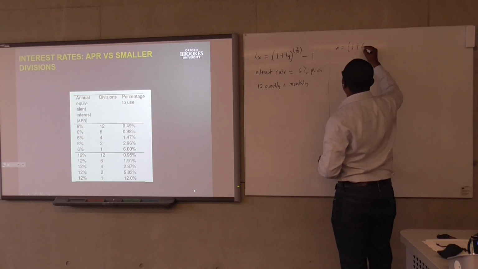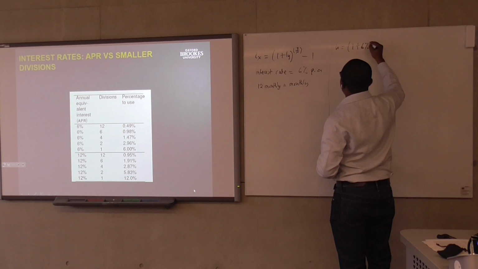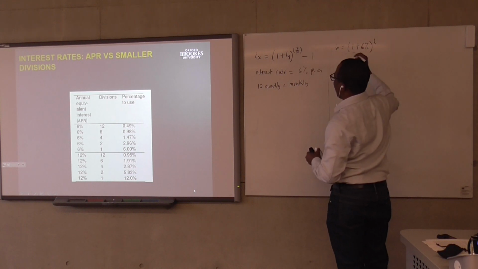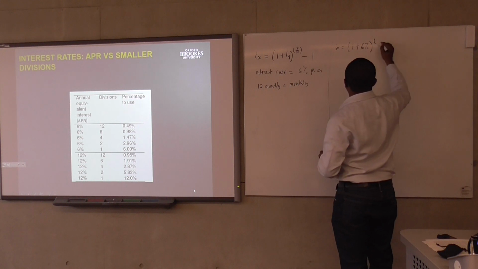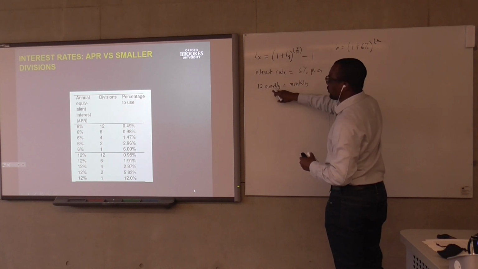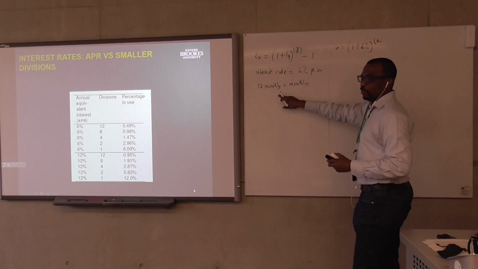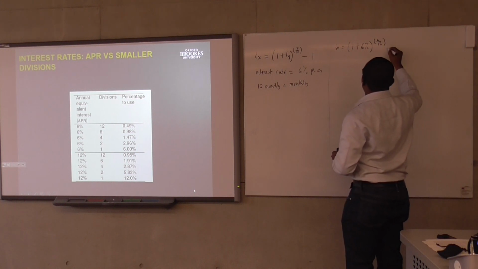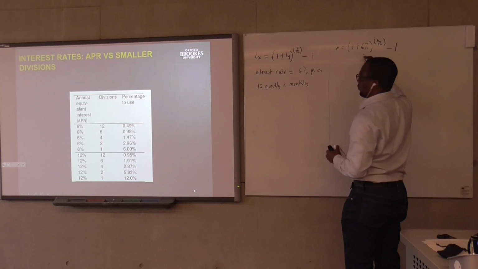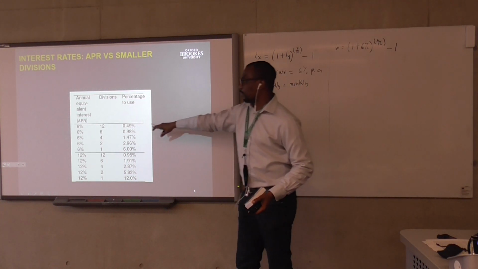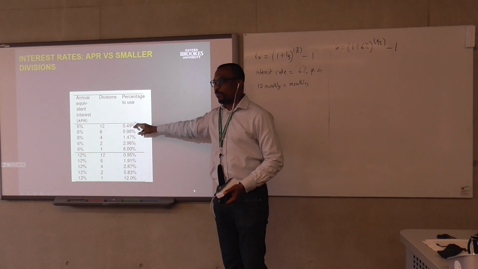So 1 plus 6% into bracket, y over x, which is 6 over x, which is the number of what? Periods. Here, our x, the number of periods, is what? 12, because we are going on a monthly basis, and then minus 1. So if you calculate for that, you get a monthly rate of 0.49%.